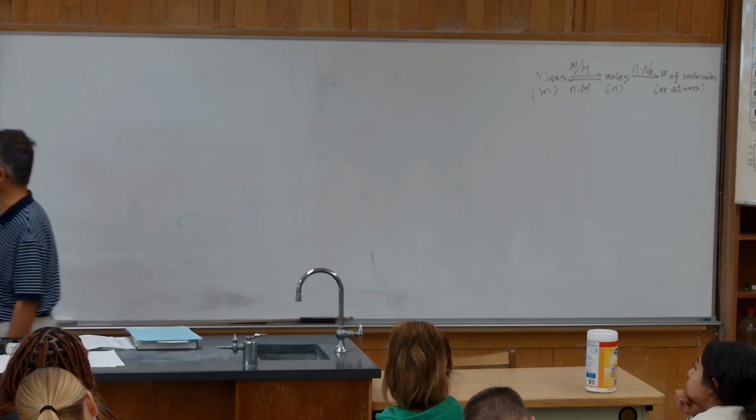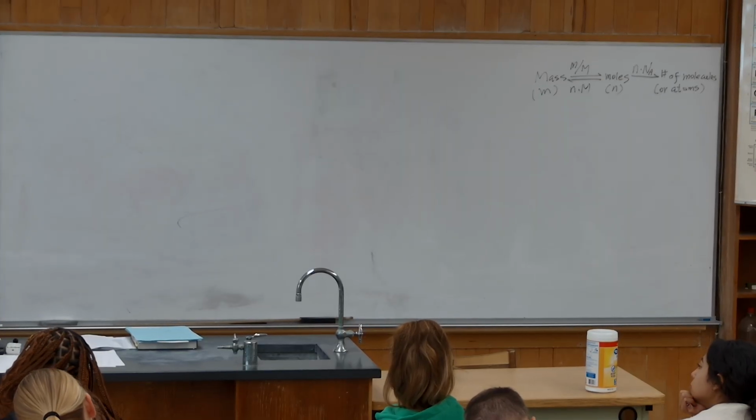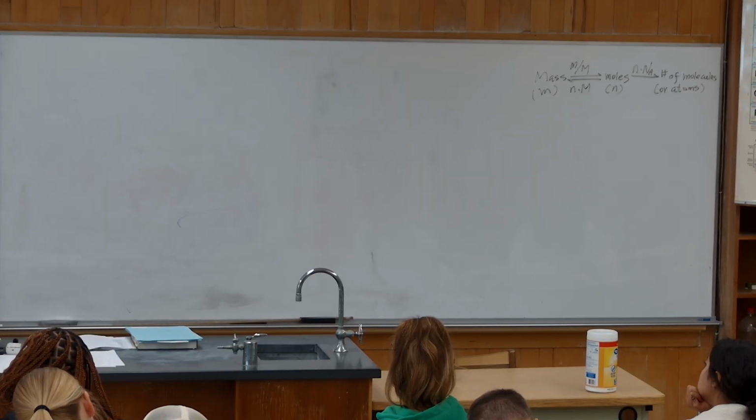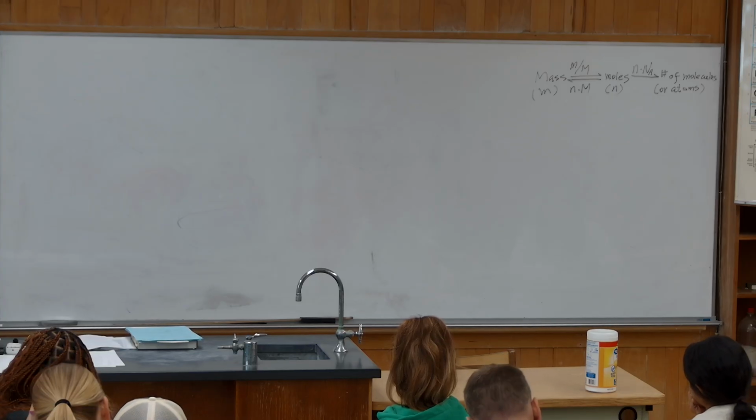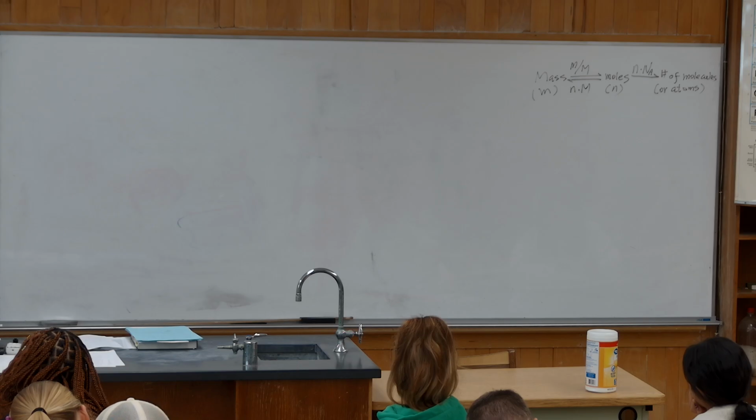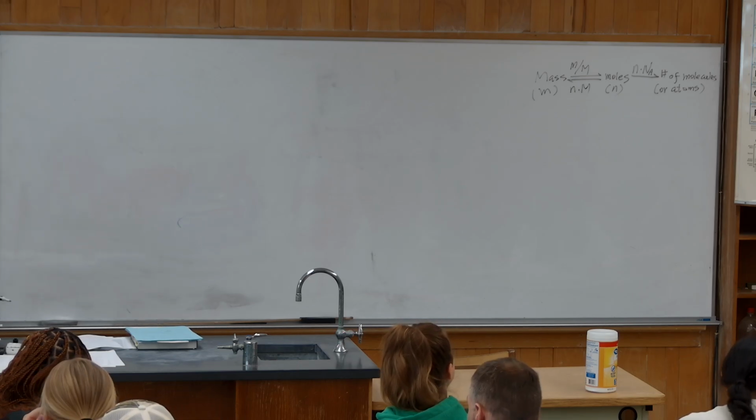So mass divided by molar mass. 2.85 grams copper divided by molar mass. Use the periodic table. Copper molar mass 63.55.